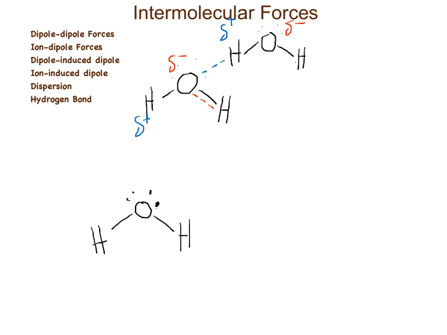So let's pick an ion. Let's say we had a Na plus, an ion. This is in a solution of water. So there it is next to another water molecule. And like we said, the water molecule is polar, so it has a partially negative side and a partially positive side.